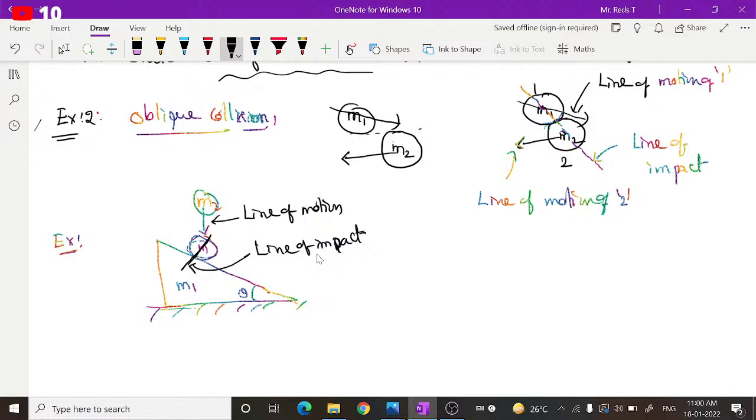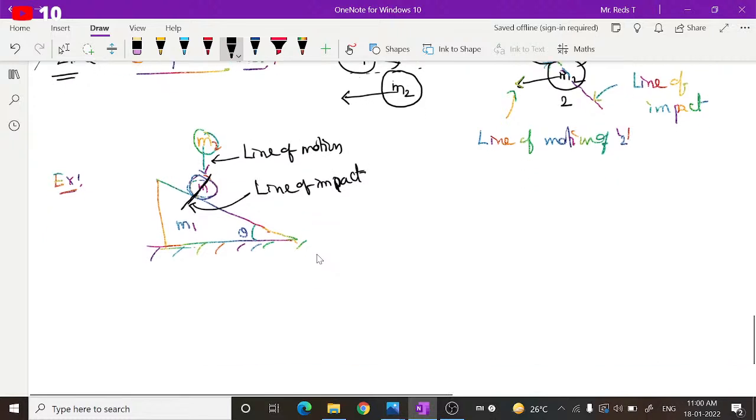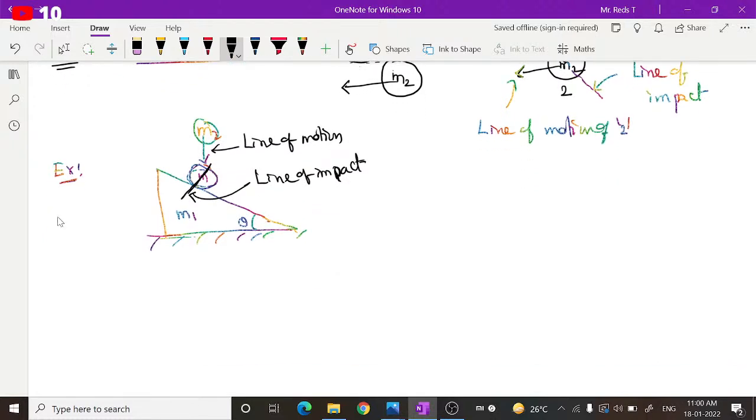In the next session, we'll write a subheading and continue. The next point we'll discuss is the elastic collision in one dimension, or one-dimensional elastic collision. Write down the subheading: one-dimensional elastic collision.